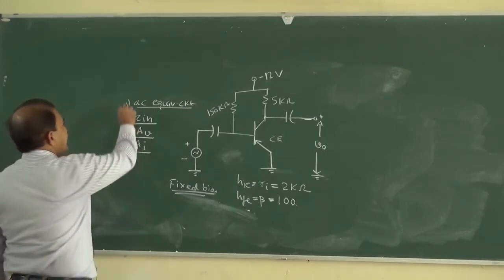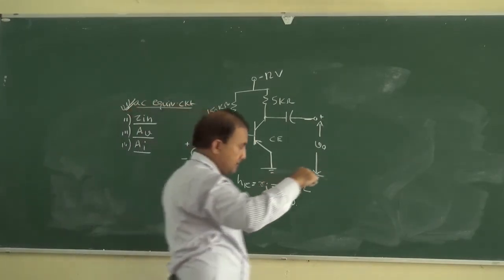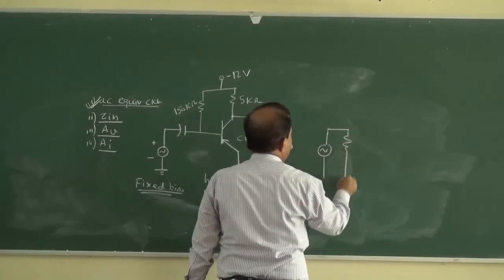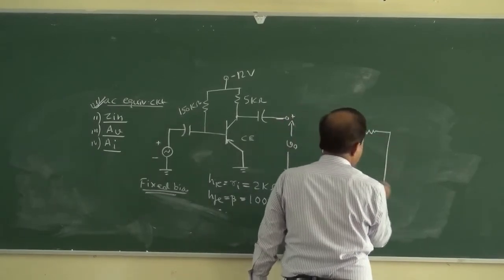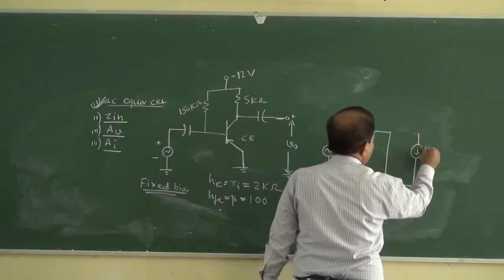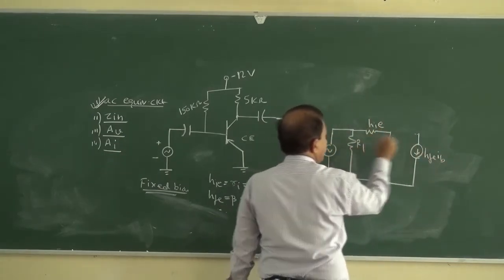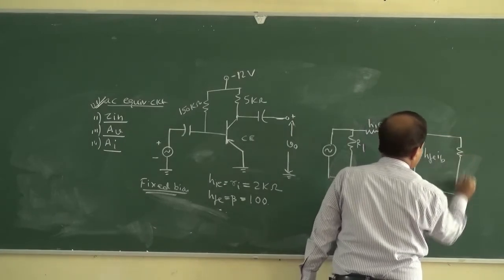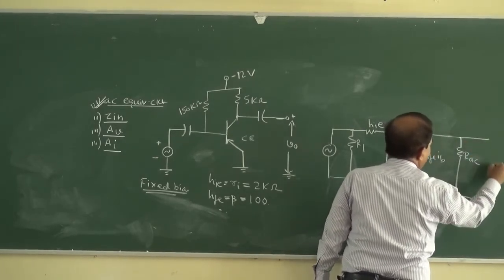So first is the AC equivalent circuit. How can we represent its AC equivalent circuit? This is HFE IB, HIE, this is R1, and this is RAC, and this is the output, V out.